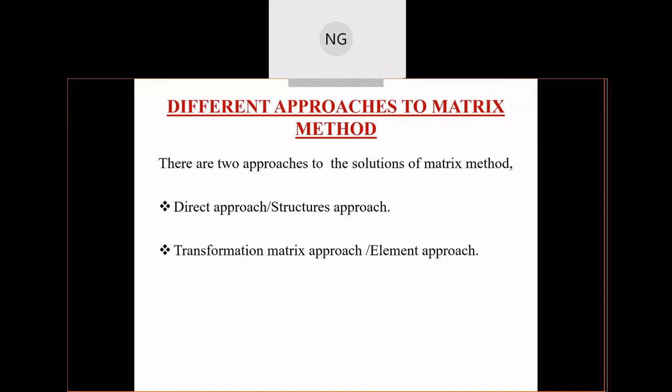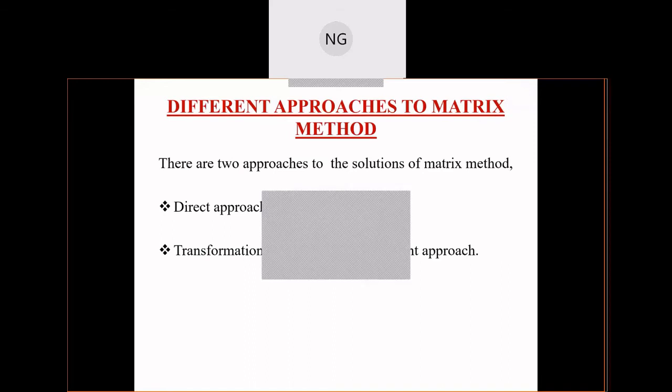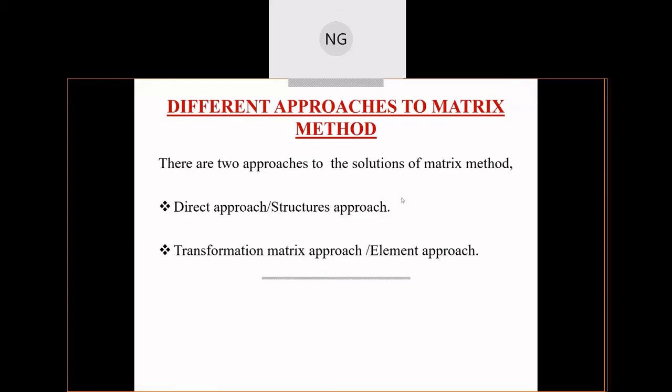Direct approach means that by knowing the displacement, we can calculate the forces directly. In the slope deflection method also we can see this, the direct method and structural approach.